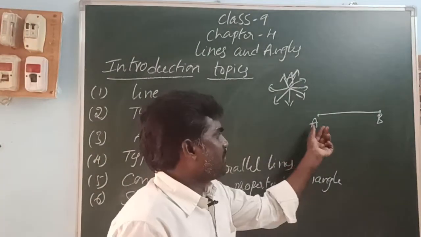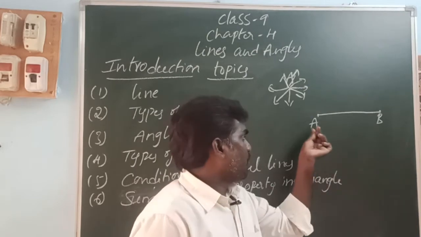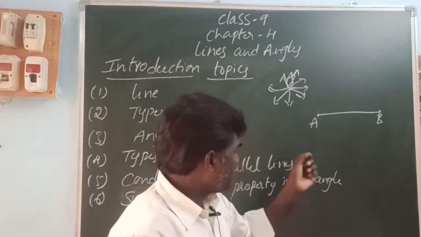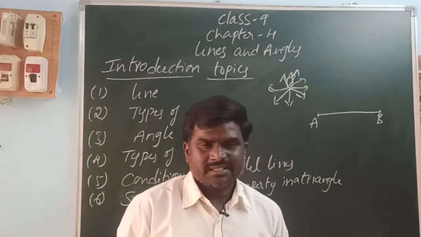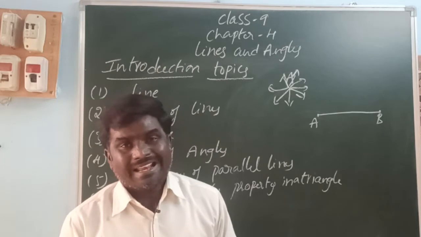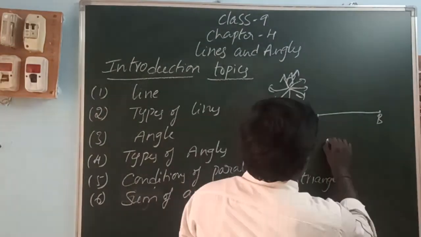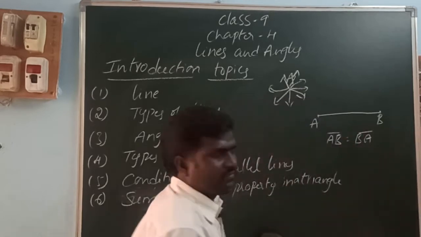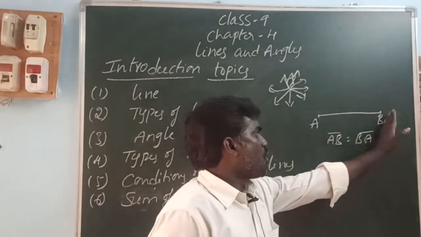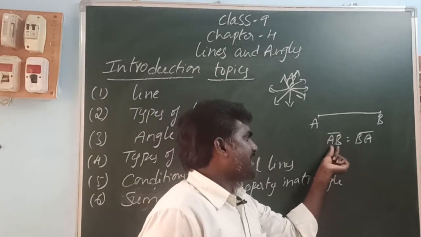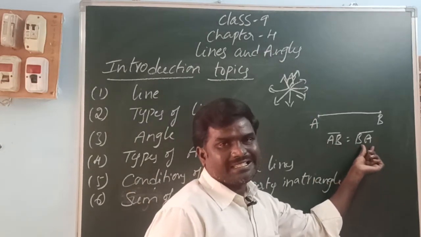So here AB is the line segment, as a path is joining between points A and B. Another definition: a line having endpoints is called a line segment. Here AB distance is the same as BA distance. From A to B, the path is the same as from B to A. So AB line segment is equal to BA line segment.